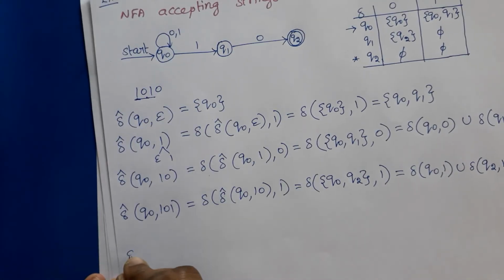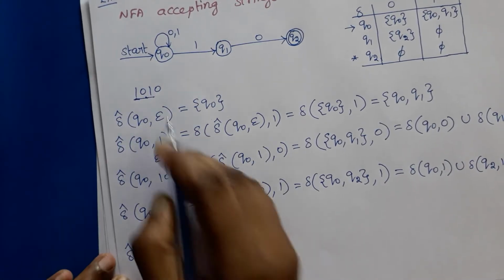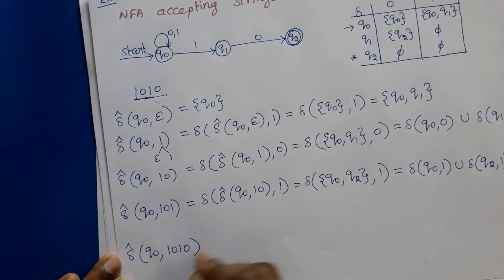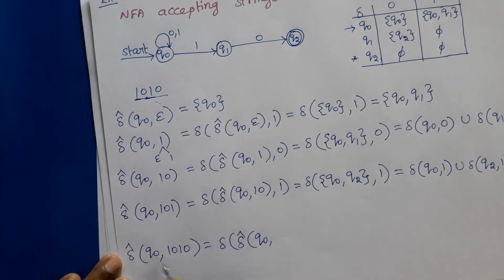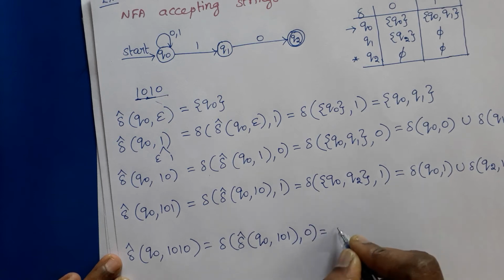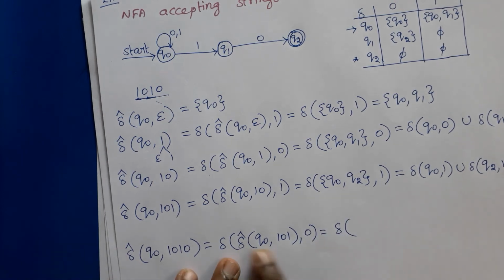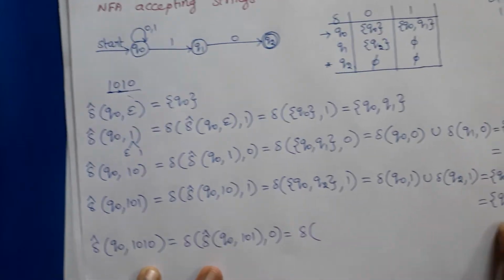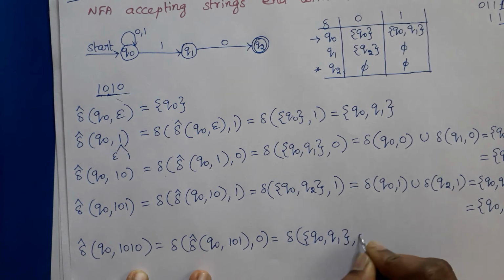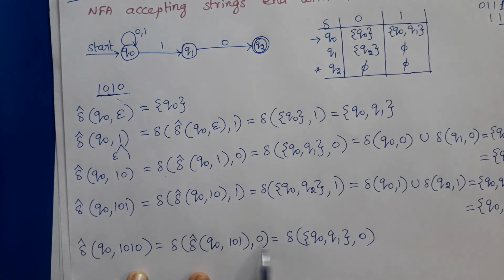Next we have to consider the full string 1 0 1 0. So delta cap q naught comma 1 0 1 comma 0. So this can be written as delta cap of q naught comma 1 0 1 is q naught q1. So q naught q1 comma 0.